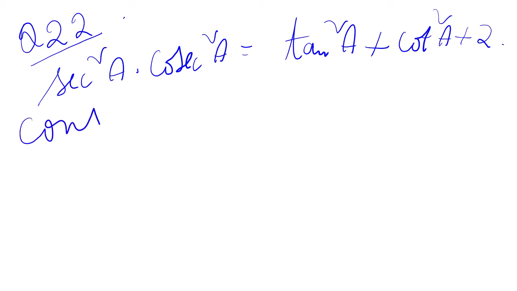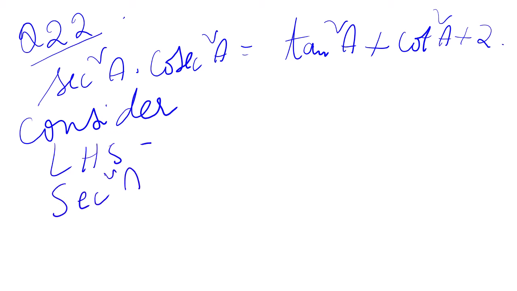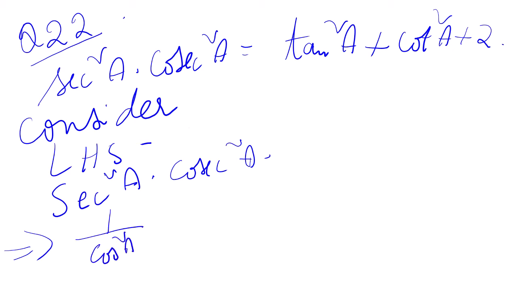So again consider LHS, that is sec square A dot cosec square A. Okay, so this implies sec square A is 1 upon cos square A and cosec square A is 1 upon sin square A. So what have we used?